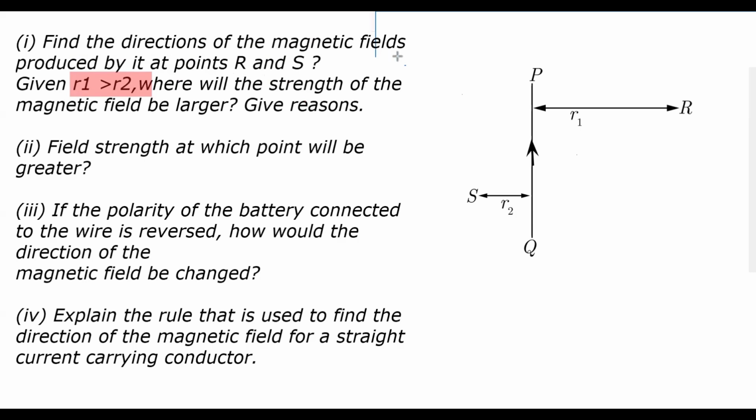Well, as you can see, this is based on the right hand thumb rule, also known as Maxwell's screw rule. Since the current is flowing in this direction, you have to imagine you're holding the conductor such that your thumb is pointing in the upward direction.